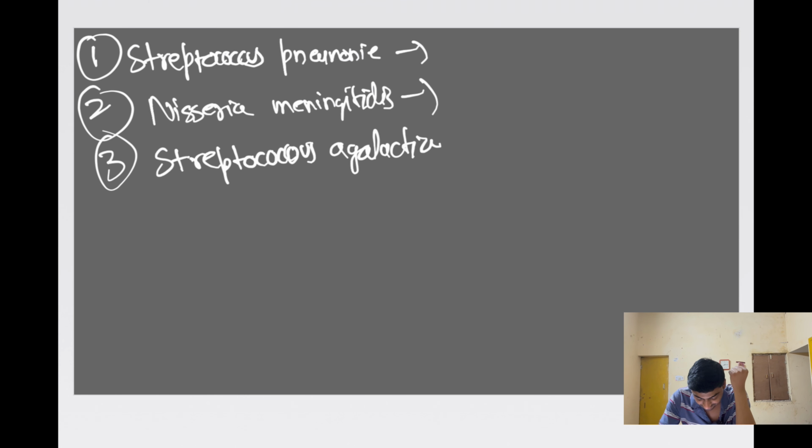So the third one is Streptococcus agalactiae, which causes meningitis in neonates and elderly people.